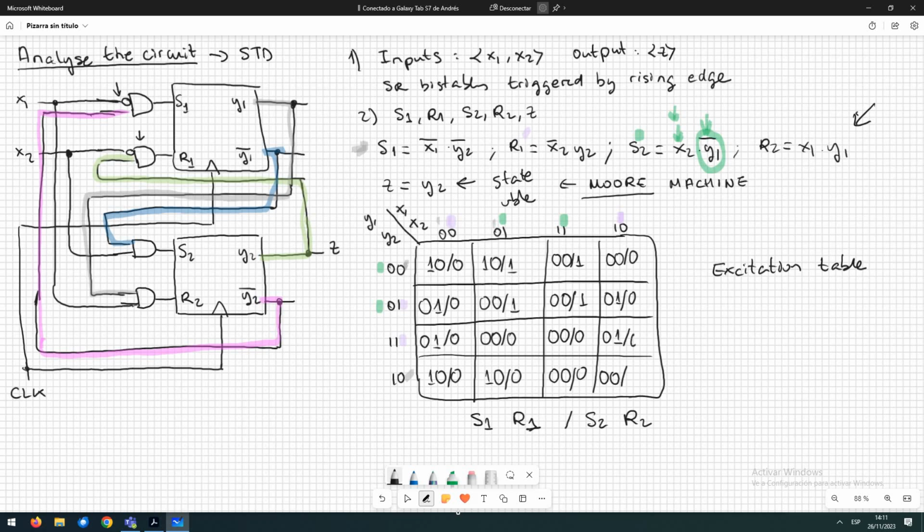And finally we have R2 that is going to be 1 when x1 is 1 and y1 is 1. x1 is 1 here and here, and y1 is 1 here and here, so we are going to have ones in these cells, and the rest are going to be 0.